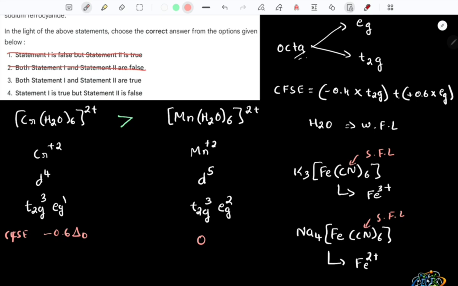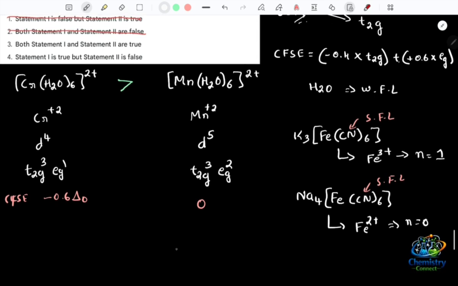Once it starts pairing up, the number of unpaired electrons for Fe3+ will be 1, and for Fe2+ there will be no unpaired electrons. Fe is argon 3d6 4s2.